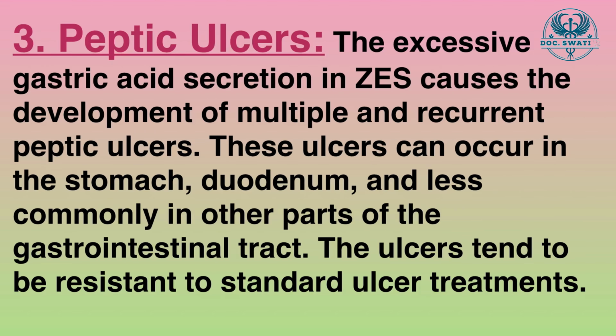Third, peptic ulcers. The excessive gastric acid secretion in Zollinger-Ellison syndrome causes the development of multiple and recurrent peptic ulcers. These ulcers can occur in the stomach, duodenum, and less commonly in other parts of the gastrointestinal tract. The ulcers tend to be resistant to standard ulcer treatments.